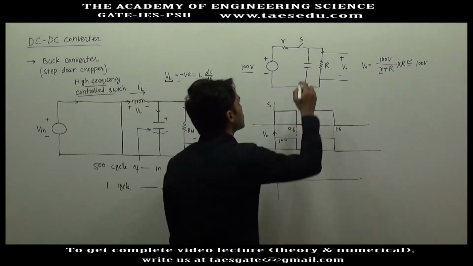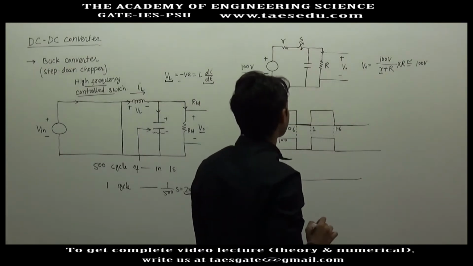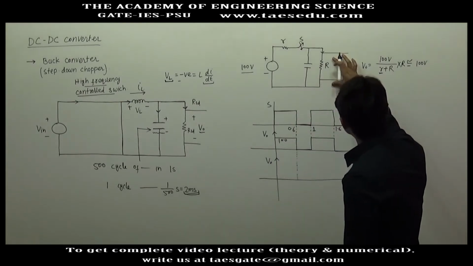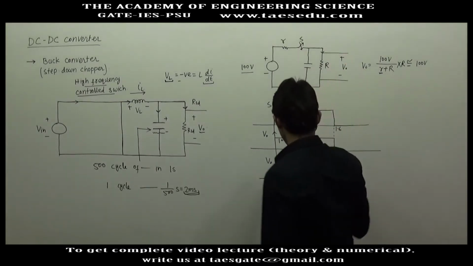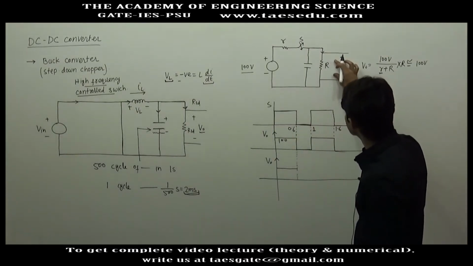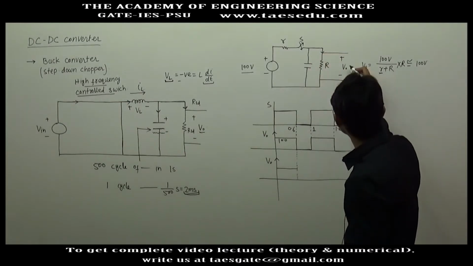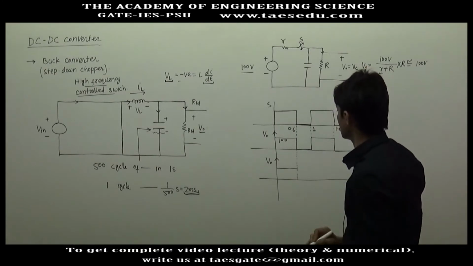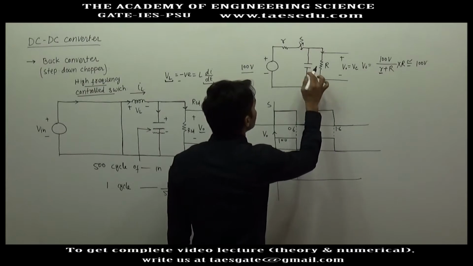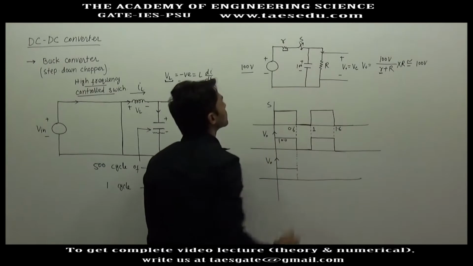Now when the switch is connected, what will happen? The output voltage will be 100 volt. You are taking output voltage across the resistance and the capacitor is connected in parallel with the resistance, so the output voltage is equal to the capacitor voltage. So in this duration the capacitor voltage will also become 100 volt because this resistance is very small.